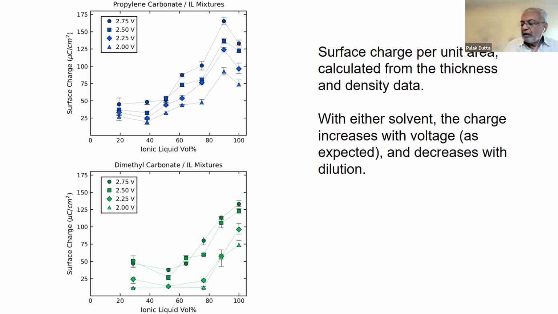Remember, we're looking at this DC capacitance, the total surface charge versus voltage, whereas they're looking at the AC capacitance, and I don't even remember the frequency involved, but there's a peak. This is PC here on top, and this is DMC, and for DMC we don't see a peak.